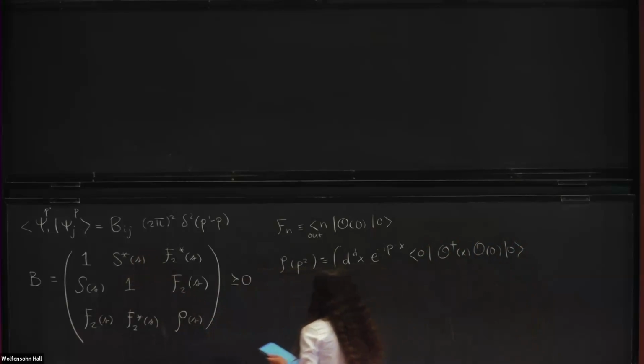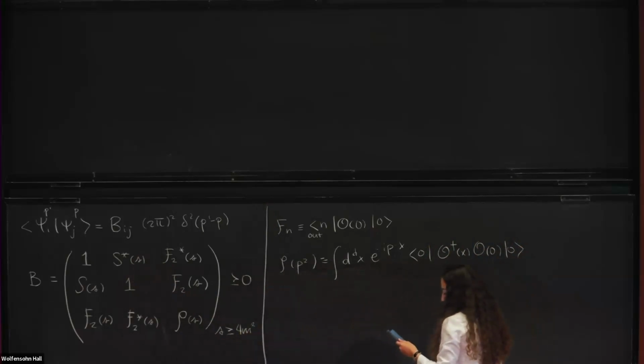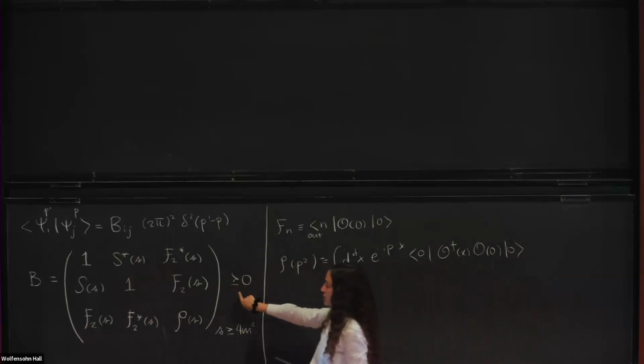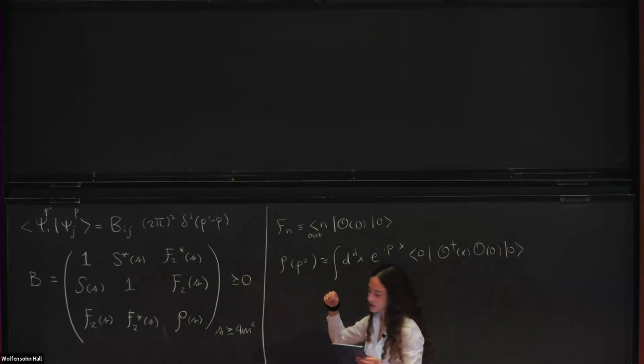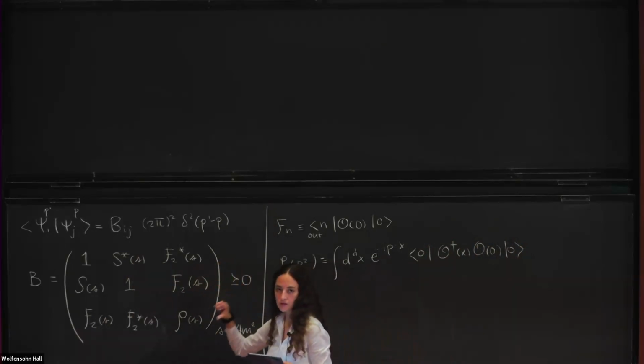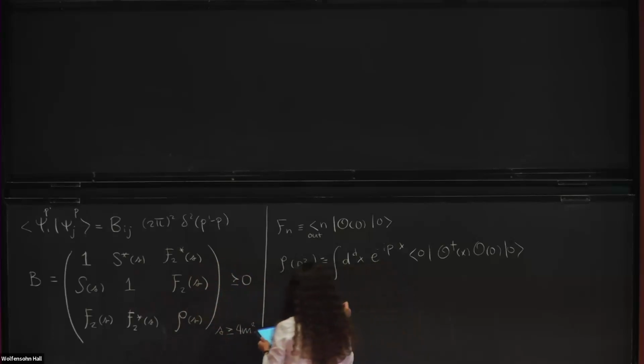So now let's look at this positive semi-definite condition, which applies again at physical values of the center of mass energy squared. And a way to evaluate what this condition is, is to just look at all the principal minors and set them to be positive or non-negative.